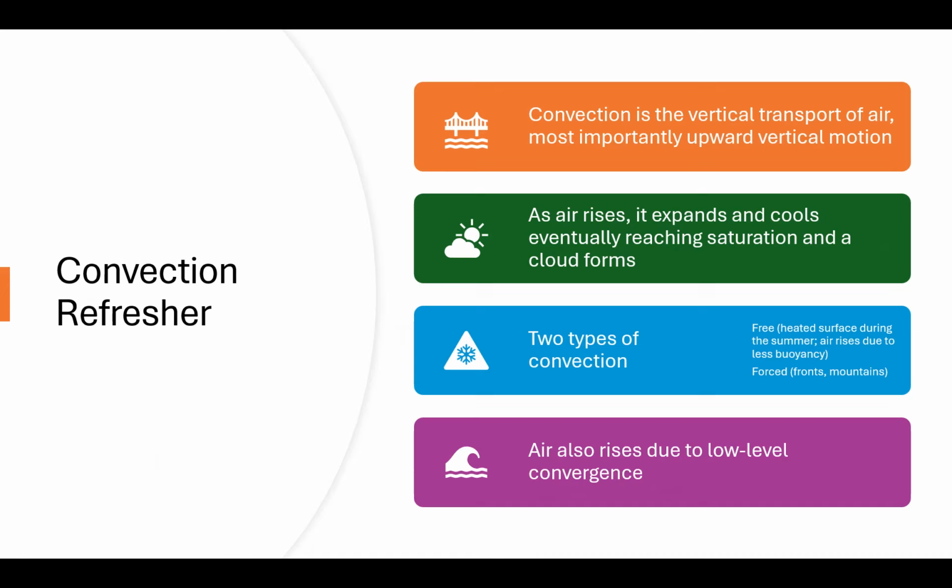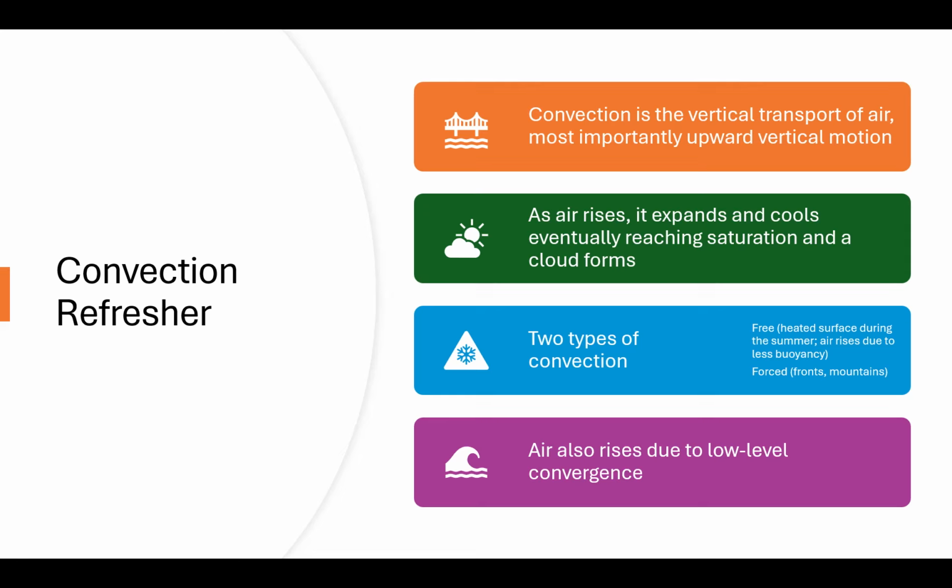For convection in general, this is just a quick training refresher. I did cover convection in the past, so feel free to look back at my previous training videos here on the Spot On Weather YouTube channel. Convection is basically that vertical transport of air, most importantly, upward vertical motion in the atmosphere.